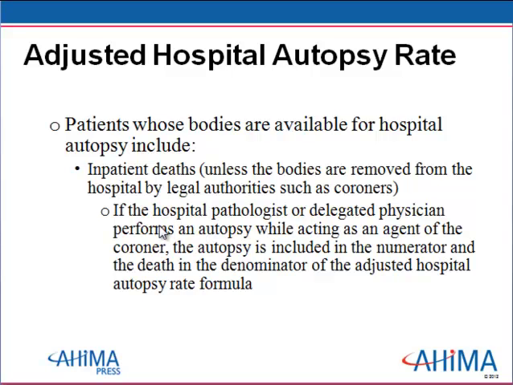However, if the hospital pathologist or that delegated physician performs an autopsy while acting as an agent of the coroner or medical examiner, that autopsy is included in the numerator and the death in the denominator of the adjusted hospital autopsy rate formula.